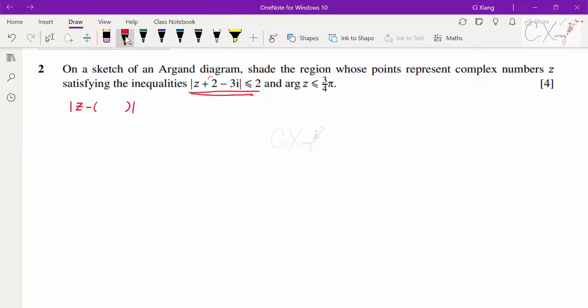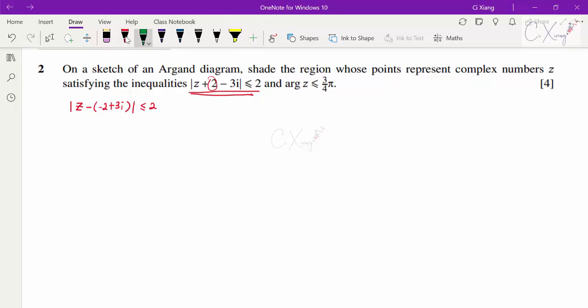So when I want to have a minus in front, the plus 2 will become negative 2, so that when you multiply the negative inside, you still have the plus 2. So this complex number should be negative 2 plus 3i, and it is smaller or equal to 2.